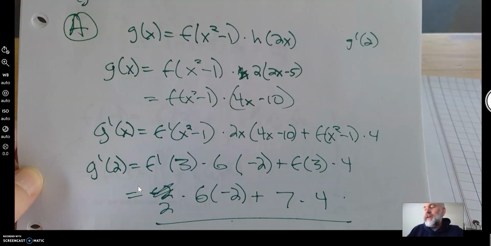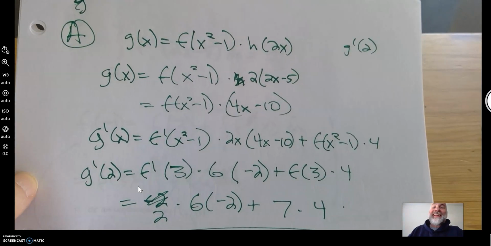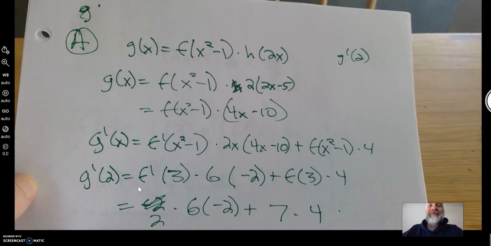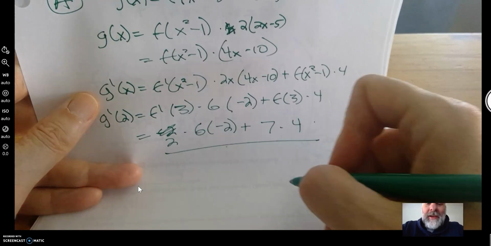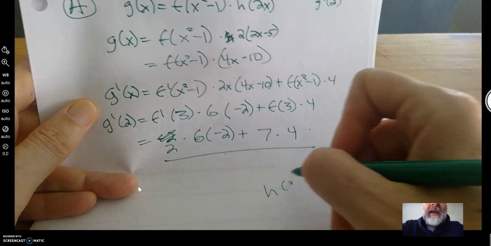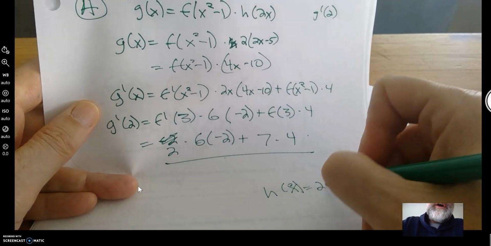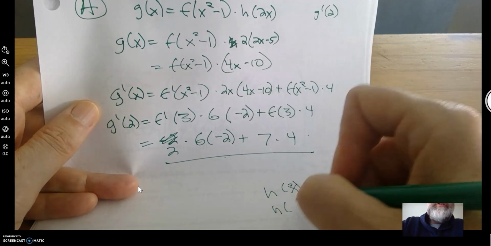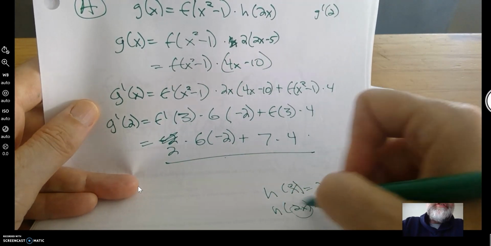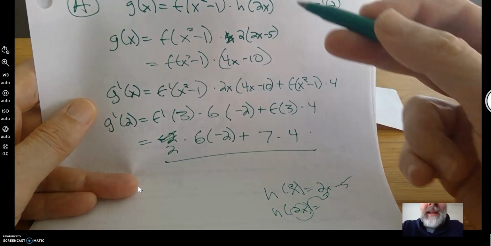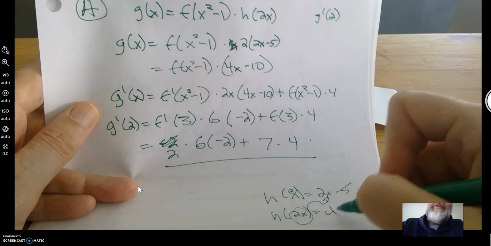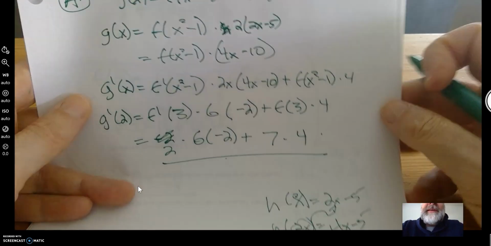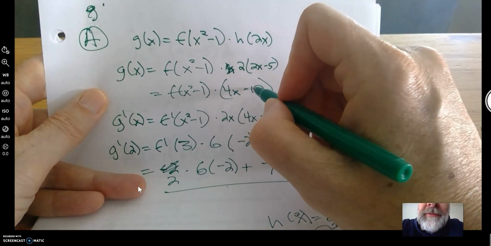Ooh, yeah, I see a little bit of a mistake here. I haven't checked my work other than doing the problems, so this was not right. Because h of x, I'll do it live, h of x is 2x minus 5. So h of 2x, you plug the 2x in for the x. I did kind of the reverse of that. So 2x goes in there, so it should be 4x minus 5.